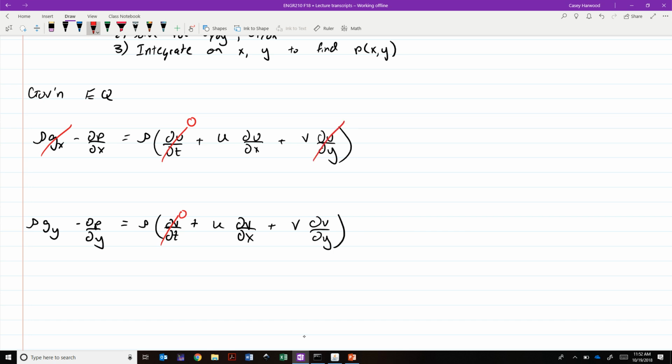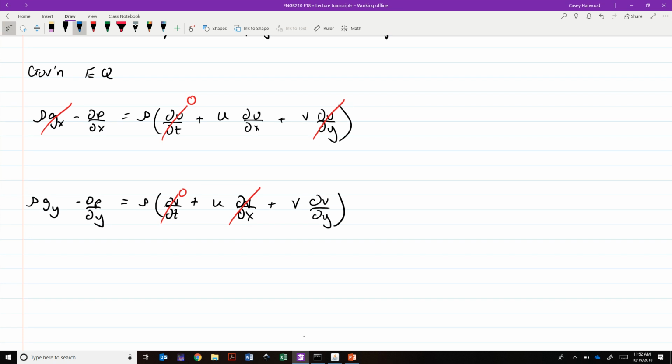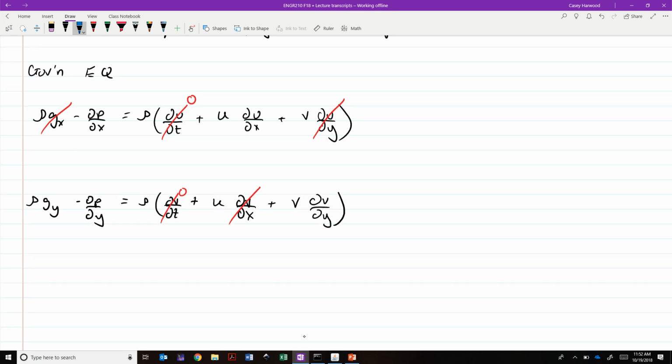So what we're left with is going to be negative dp dx equals rho u, which is our 2x, times du dx, which is 2.